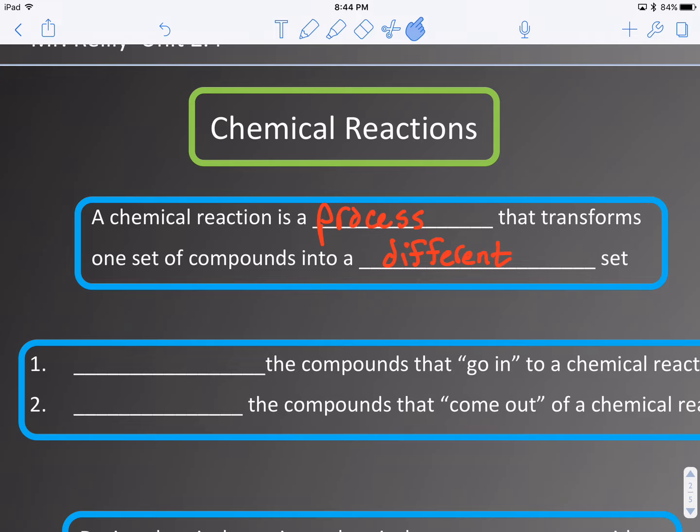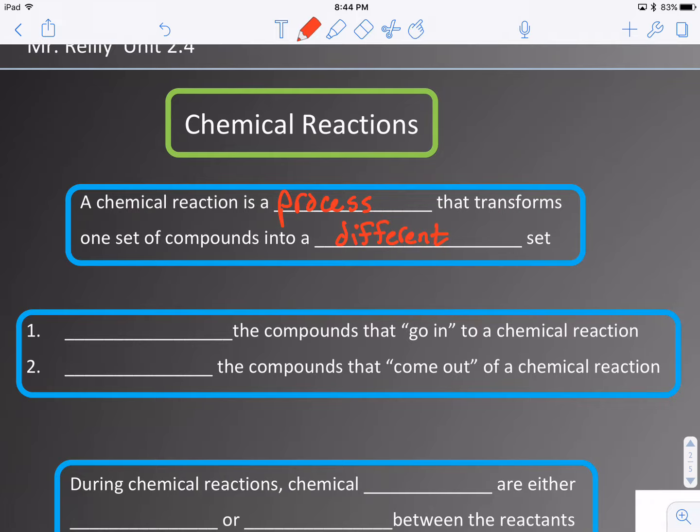Those things that go into the chemical reaction, we call these reactants. This is because they react with one another.